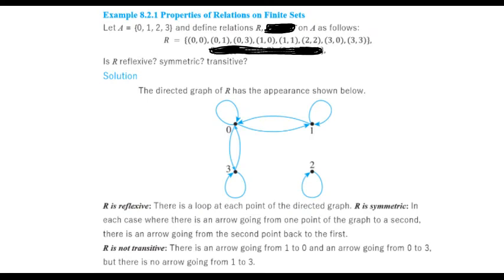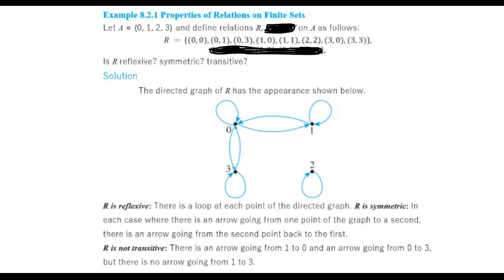Okay, so here we see an example of the book regarding the properties of relations. Consider A as a set of 4 integers 0, 1, 2, and 3, and consider R as a relation defined in the following way. We define R using set roster notation.